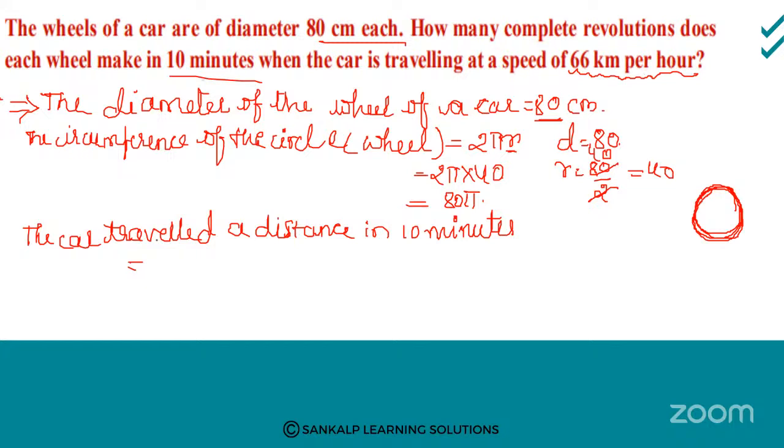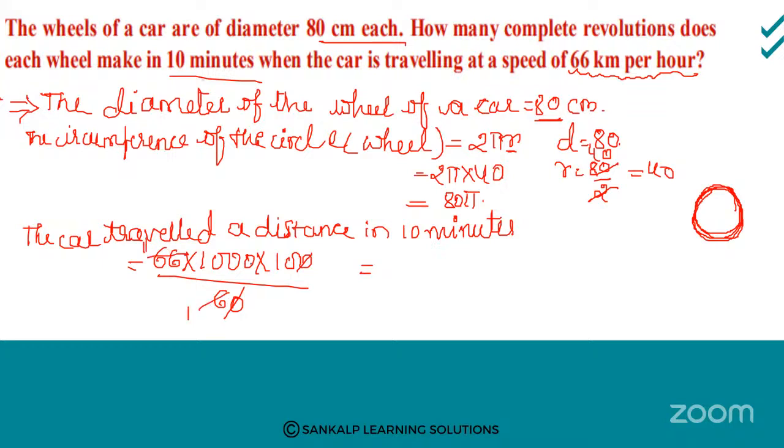So 66 kilometer can be converted into meter, that is into 1000. And this meter is converted into centimeter, that is into 100, divided by hour. In 1 hour, how many minutes are there? 60 minutes. So divided by 60, right? So 0, 0 will get cancelled. What you will get? 6 ones are 6, 11.